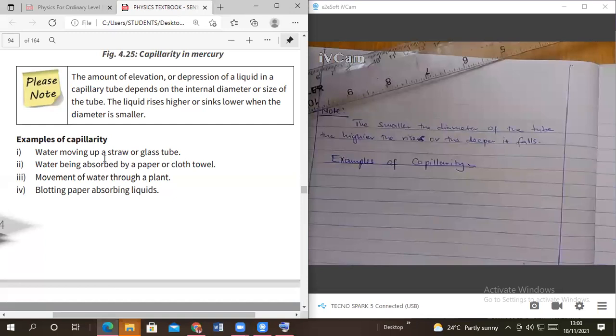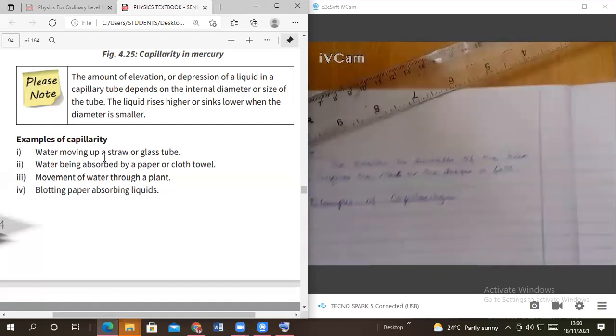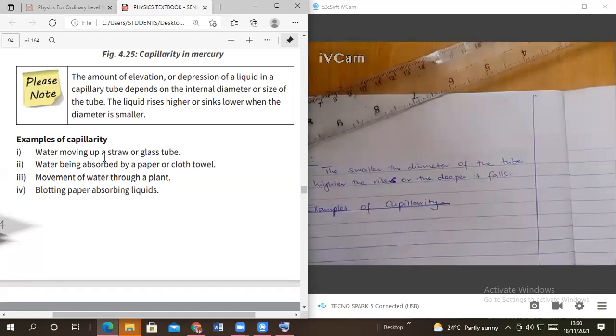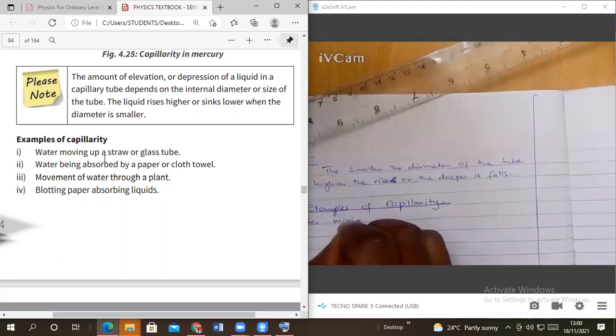And the other thing is water being absorbed by paper. It's Roman numeral 1. I'm writing these ones. We are going to add others, like 2. Okay? Yes.